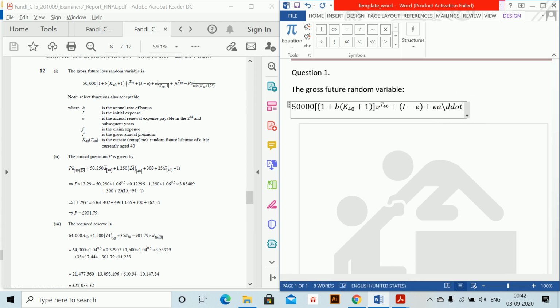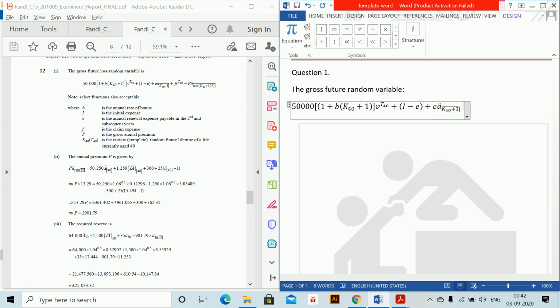I might not have saved it. ä underscore K underscore 40 plus 1, and close brackets. Now come down, and the bar should come over the entire thing, so make sure you have this entire thing selected, then backslash bar and close.